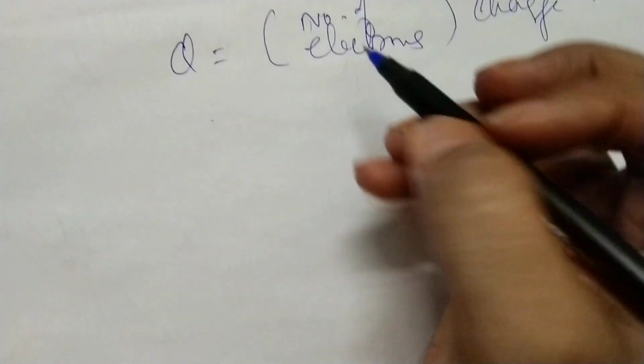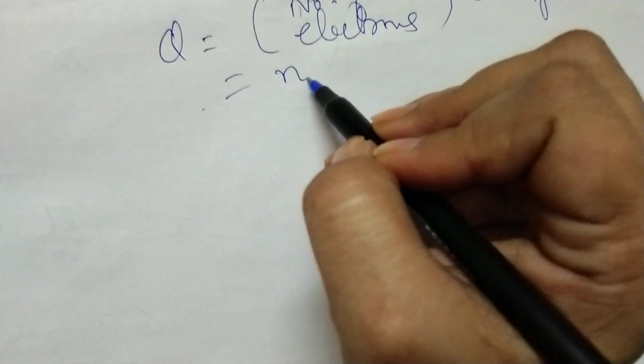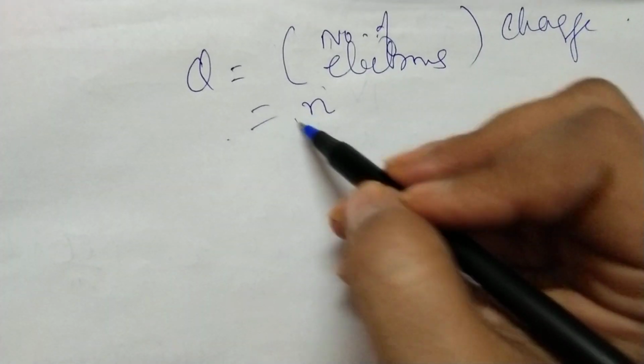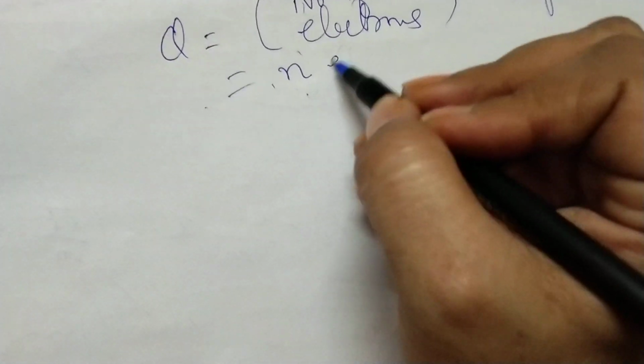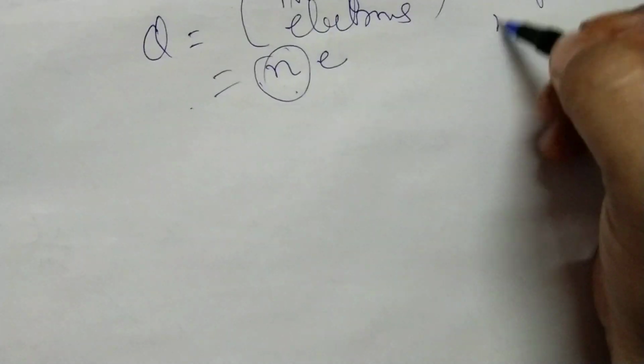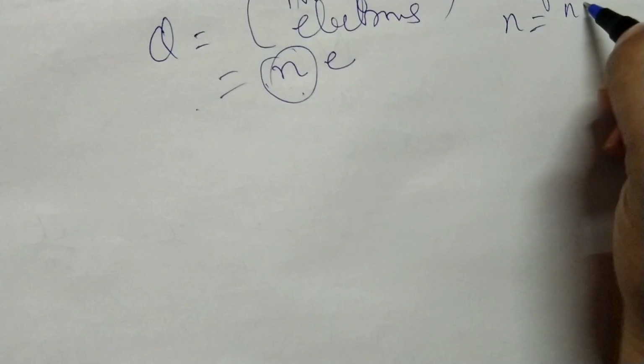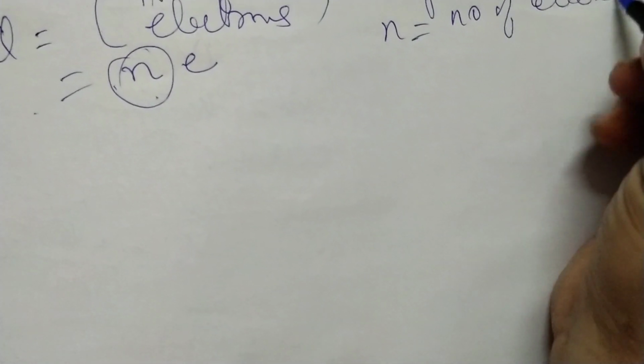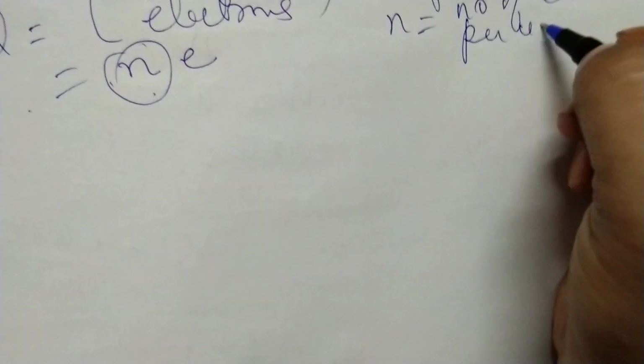Here we are writing small n, but small n is not the number of electrons, it is the number of electrons per unit volume, and this is e.